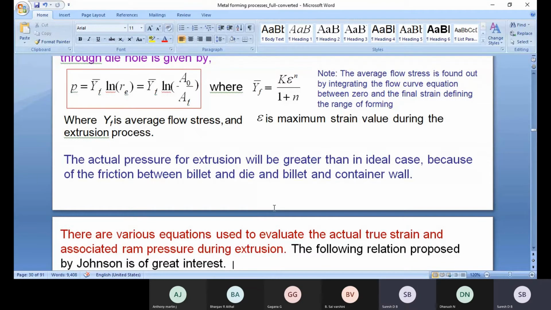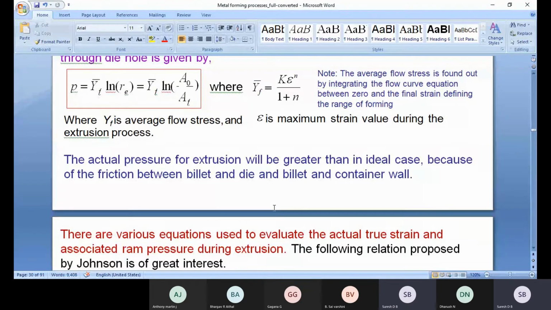The extrusion pressure is always very important, in the actual condition as well as the ideal condition, because it determines the maximum force or load required. In the actual condition, without lubrication, friction is created between the container as well as the workpiece material.